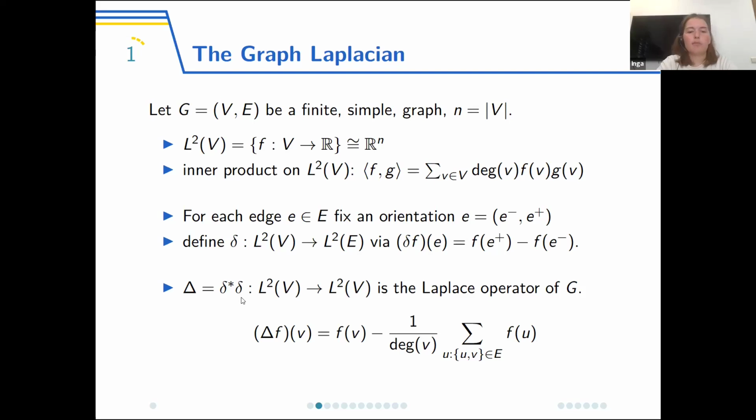We concatenate it with delta itself, so we get an operator from functions on vertices back to functions on vertices. You can also think of this operator as a positive semi-definite matrix, and there's an easy way to describe what it is doing. If we evaluate it on f at a vertex V, we get the value of f at that vertex minus the average of f around the vertex V, so at all the vertices U that are connected to V by an edge.